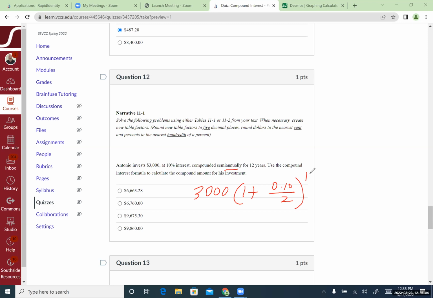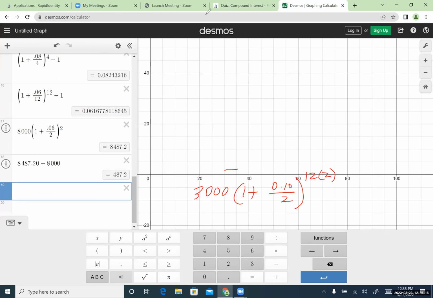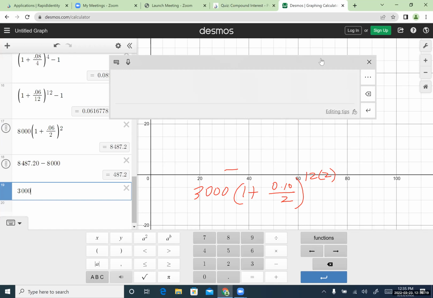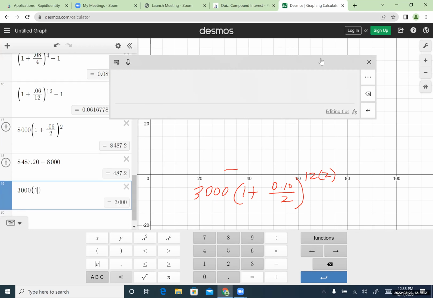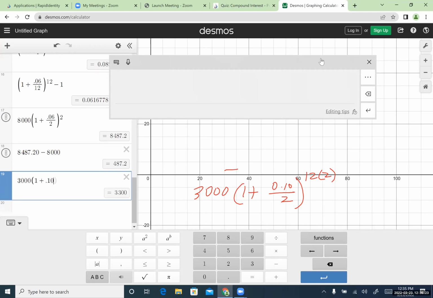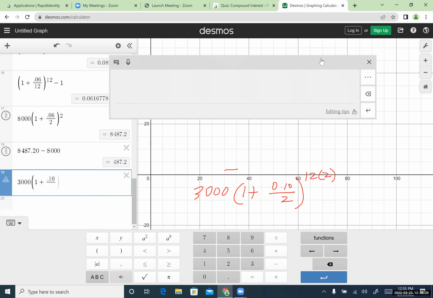And it's for 12 years, and that is twice a year, so that'll be 24 as the exponent. So let's see here. 3,000 times 1 plus 0.10 divided by 2.